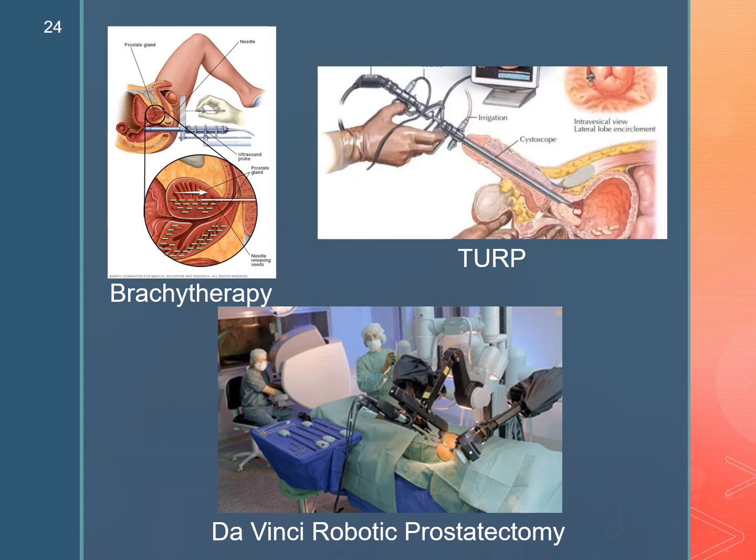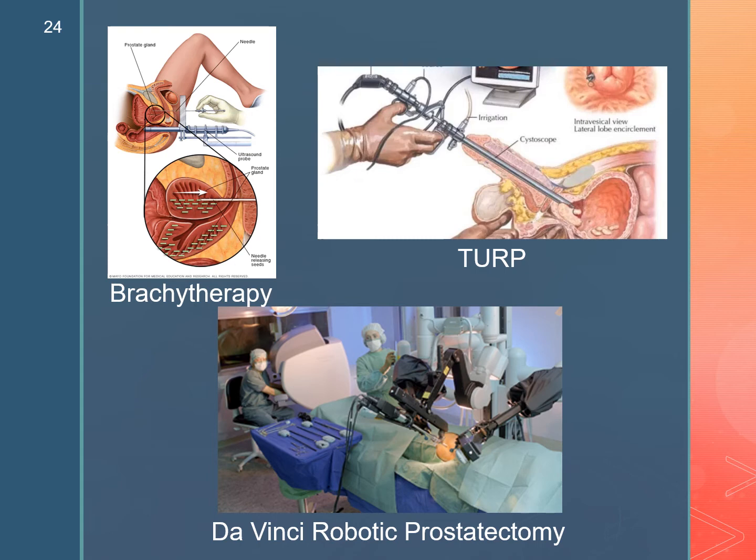So that's brachytherapy. On the top right, you're seeing the transurethral resection of the prostate, or the TURP. So for benign prostatic hypertrophy, we can enter through the urethra and gain access to the prostate gland, which lives at the bottom of the bladder there.